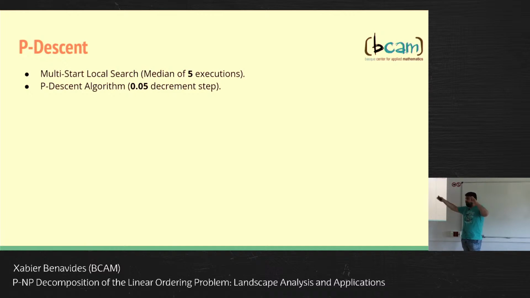To have a fair comparison, for each instance we performed a run of the p-descent, stored the number of local search steps or neighborhood explorations it performed, and used that number as the budget for the multi-start local search executions.